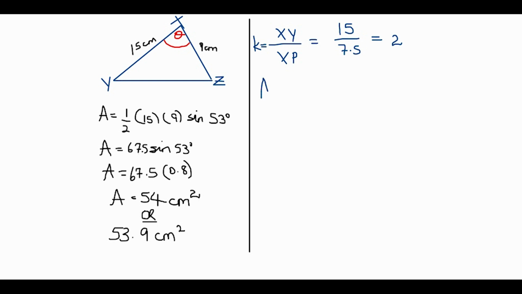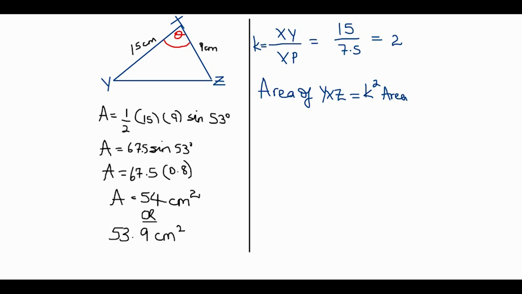Alright, so with the scale factor obtained now, since these two triangles are similar, alright, the area of YXZ is equal to k squared times the area of, what was the little triangle called again?